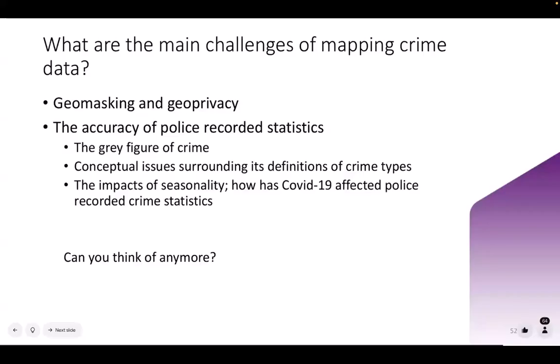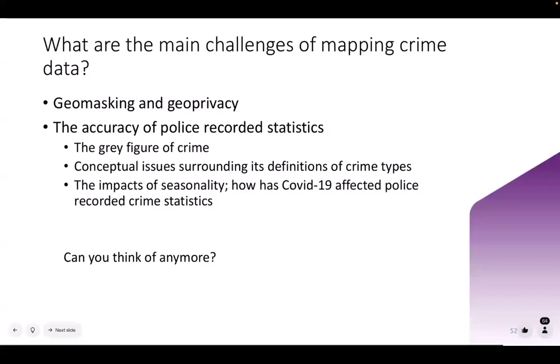This is more important, more prevalent, in smaller units of analysis. So if you're looking at street level crime, you have to be really careful on how you make those interpretations. Of course, if you're looking at larger areas of analysis, then this becomes less important, but it's still something to consider.